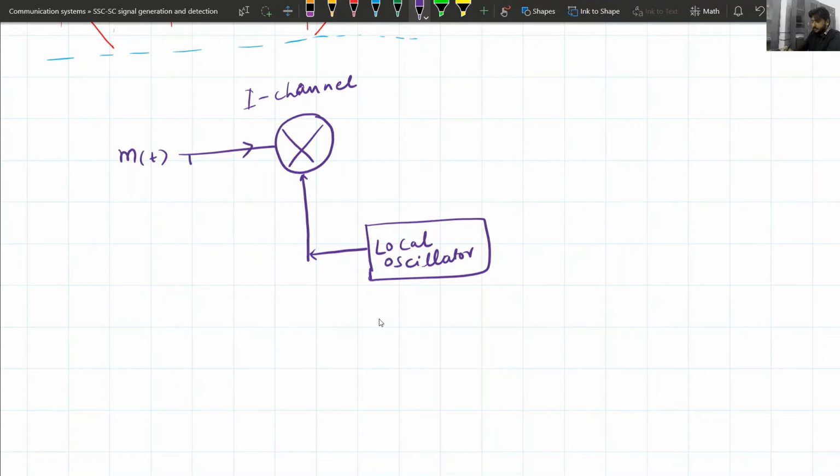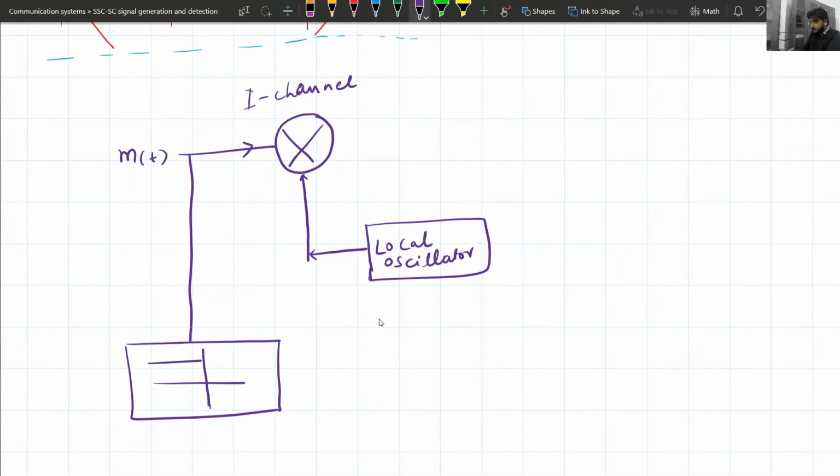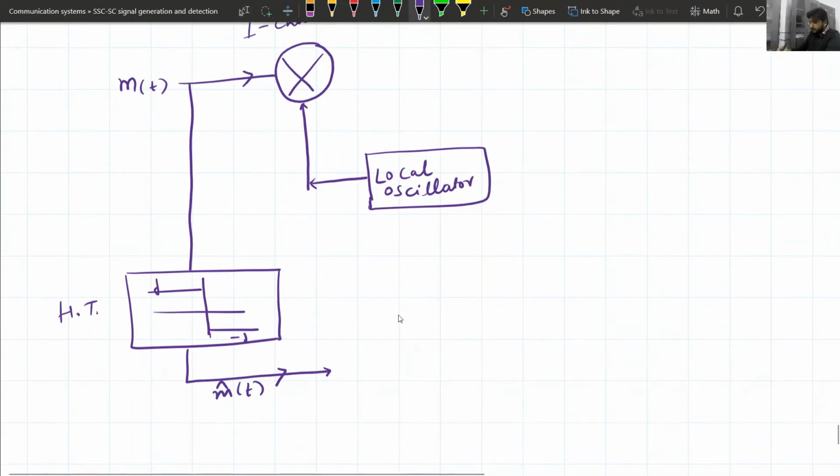Second, we will pass MT through a Hilbert transformer. Let me write here HT, Hilbert transformer, to obtain M hat T, which is then passed to the 90-degree phase shift.